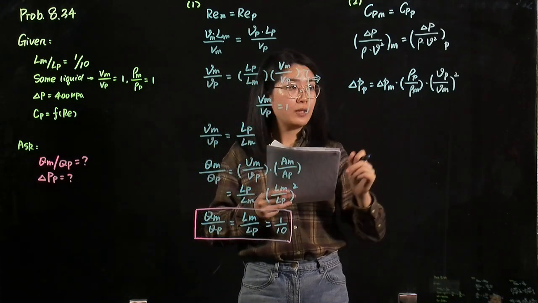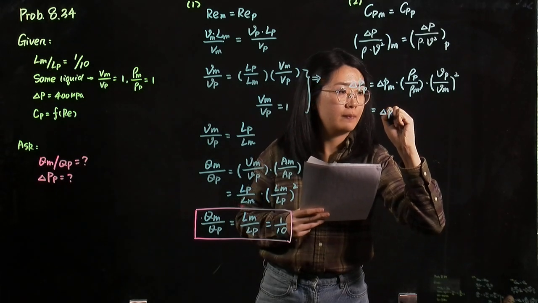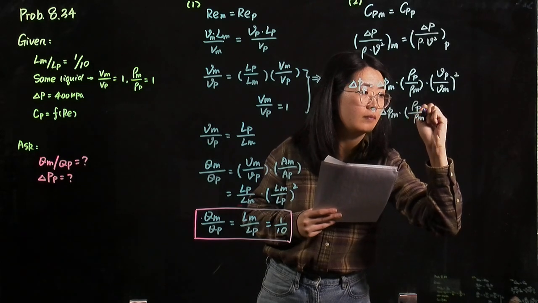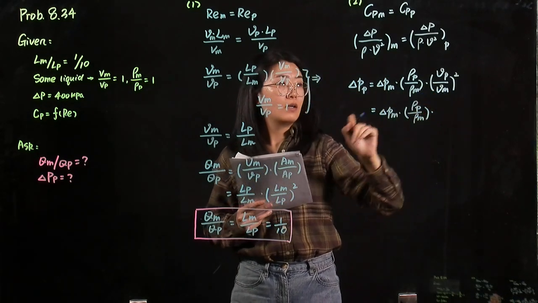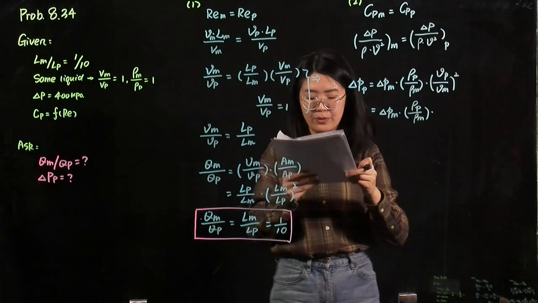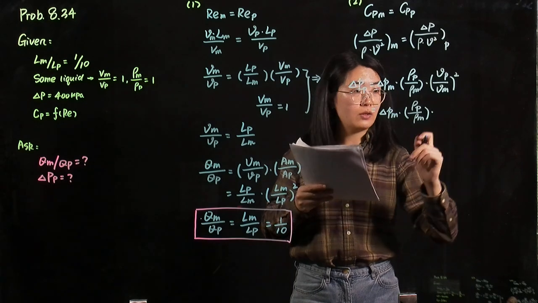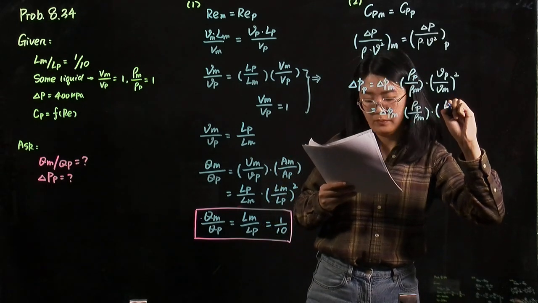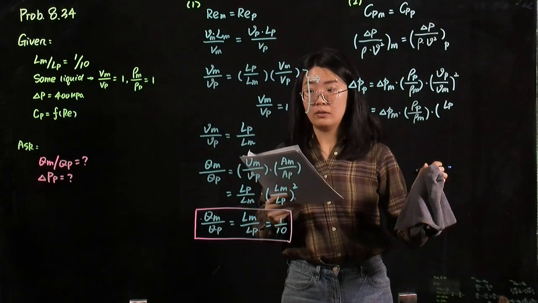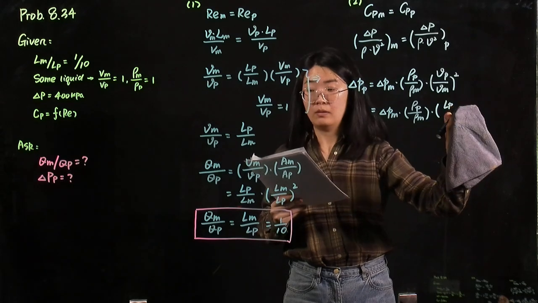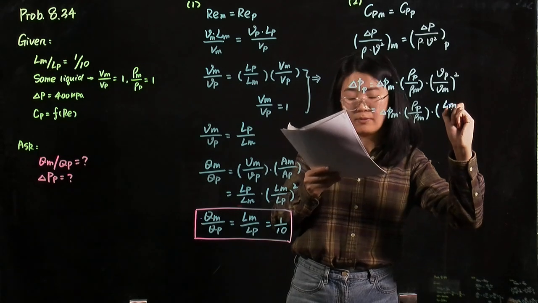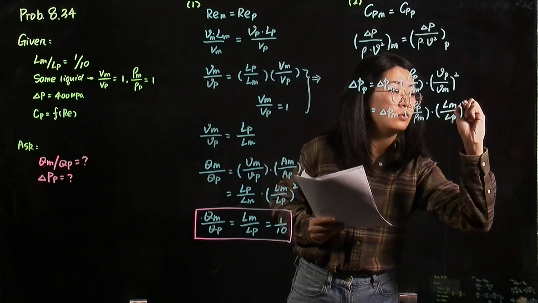And then because we know that the ratio of velocity equals the ratio of the length, it equals Lm divided by Lp to the power of 2.